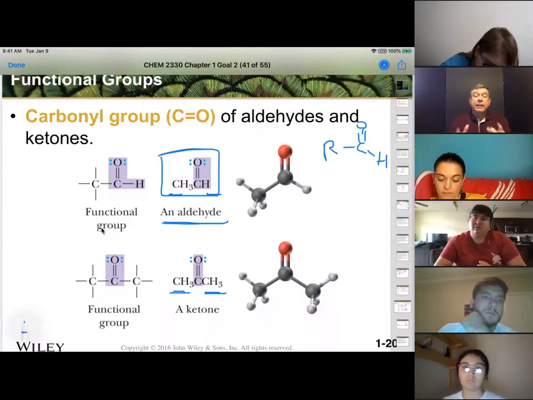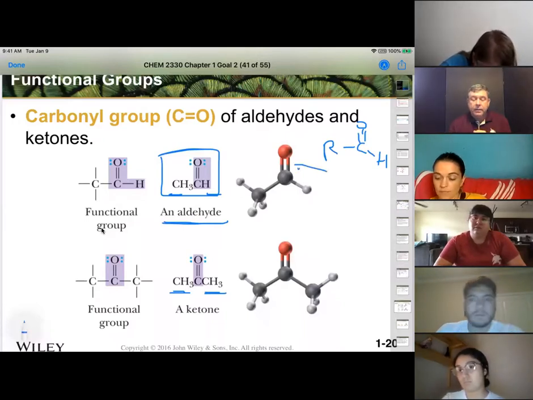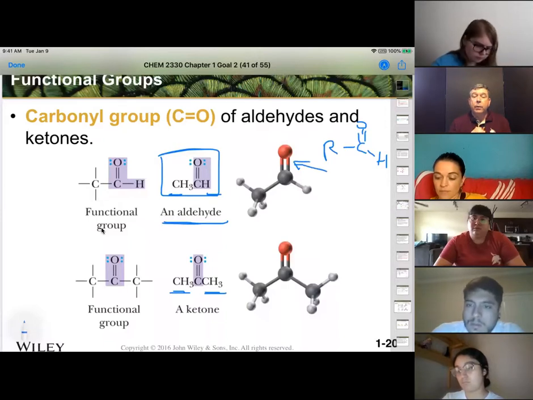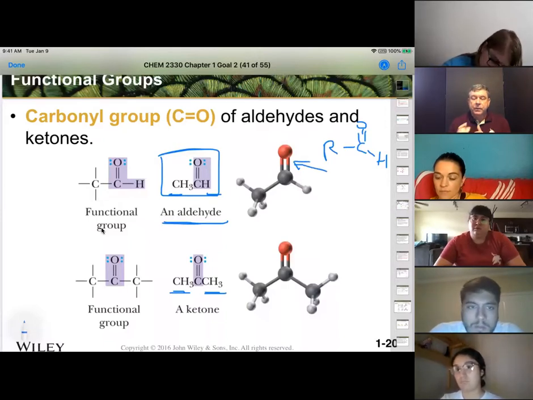These have specific chemistry associated with the fact that the carbonyl is a polar bond. We have a whole chapter on all of the cool reactivity of these compounds.